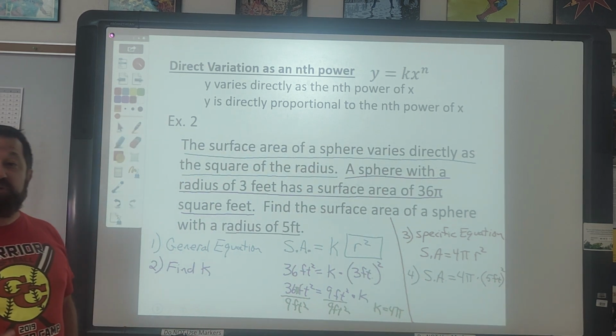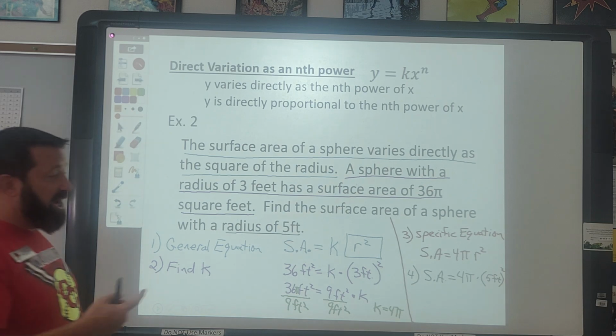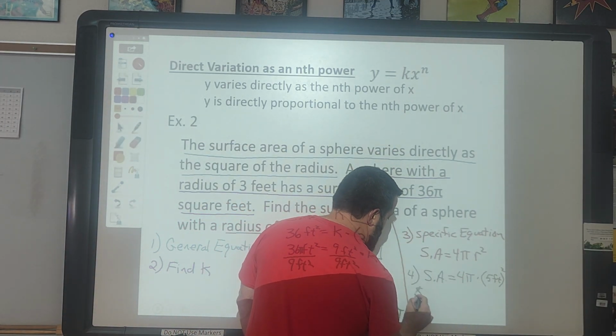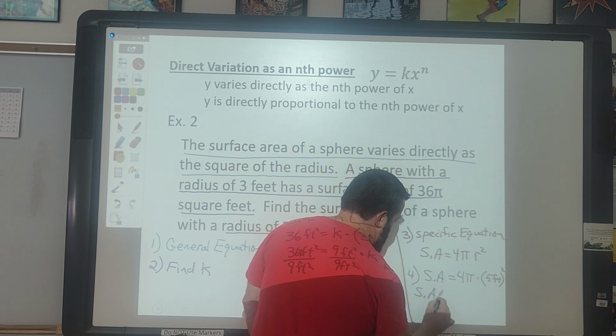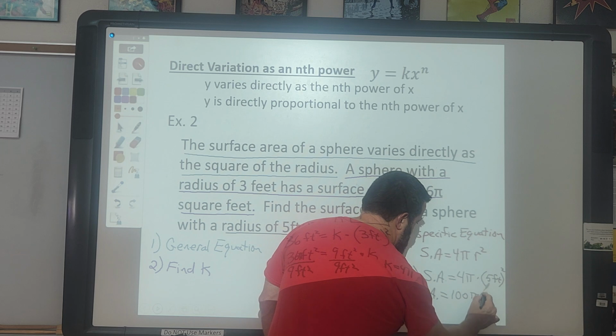So again, notice how the feet is being squared. Area is square units, so that's what causes the feet to end up being squared. So I have 5 squared, which is 25, times 4. 25 times 4 is 100. So my exact answer for the moment is 100 pi square feet.